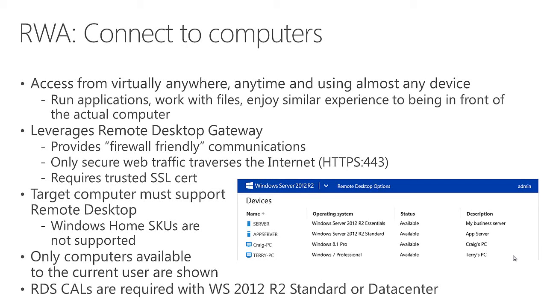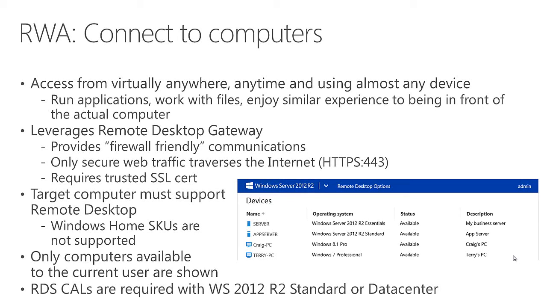Once you have that VPN connection established, you can just use the remote desktop client to connect to computers remotely, bypassing RD Gateway entirely, and that doesn't require an RDS CAL even if you're using the Standard or Data Center editions.